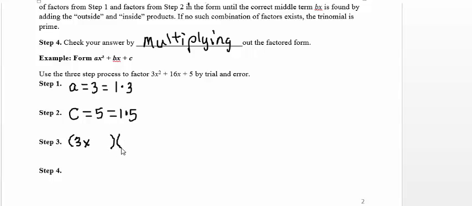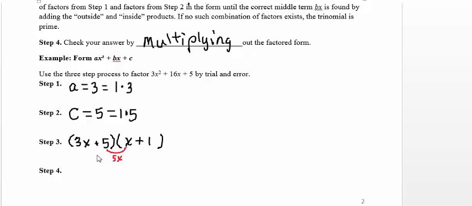So I can do 3x and x as my first terms, and plus 5 and plus 1 as my last terms. Now notice, I know first times first is 3x squared and last times last is 5, but it's the middle term I have to check.